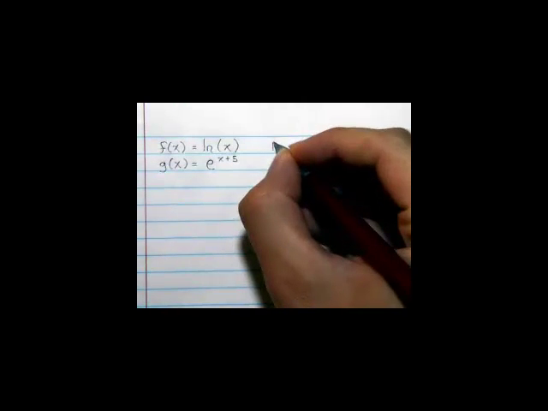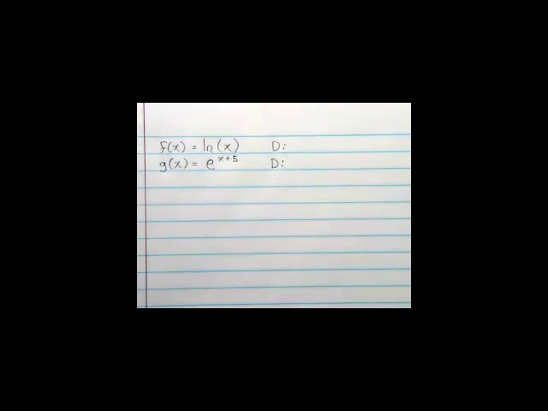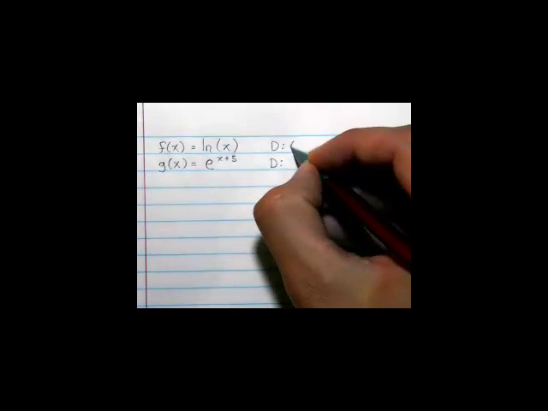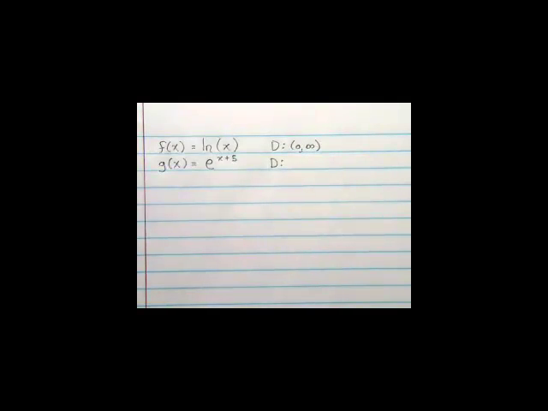Okay, so let's talk domain of each of these first. What's the domain of the natural log? Okay, so 0 to infinity, not including 0 then. What about e to the x plus 5? What's the domain of that?